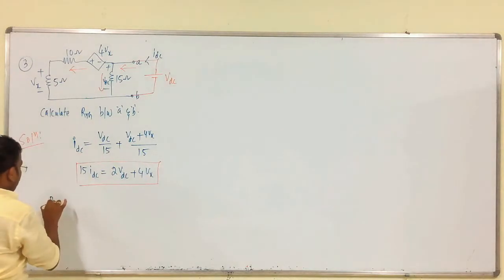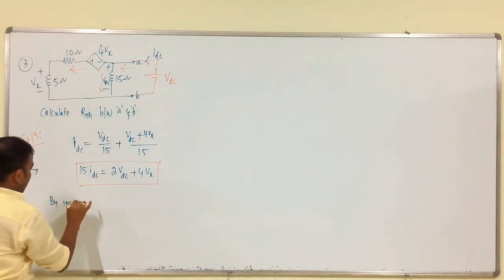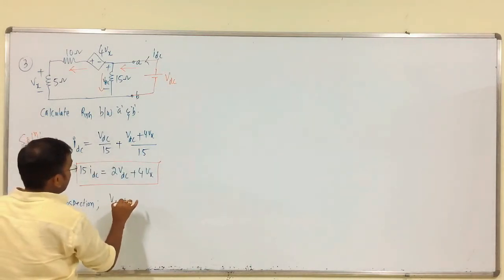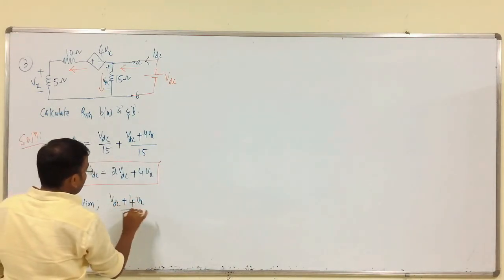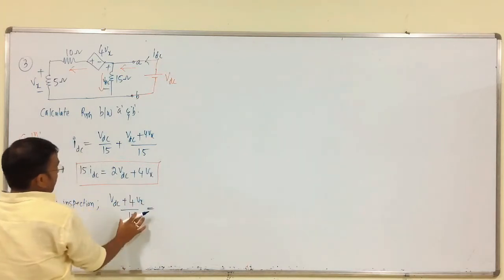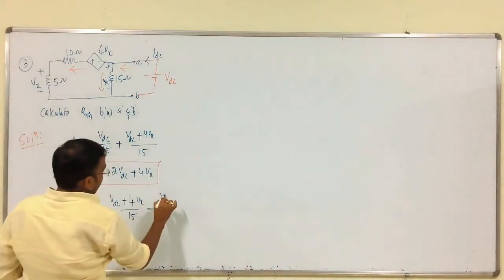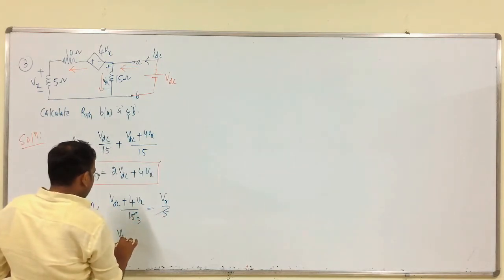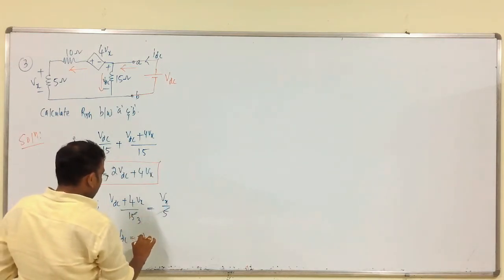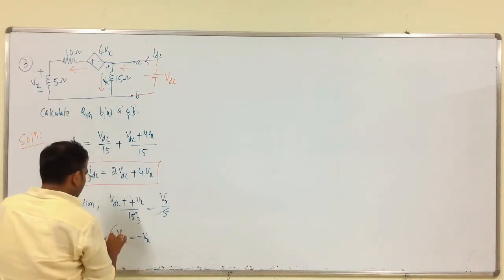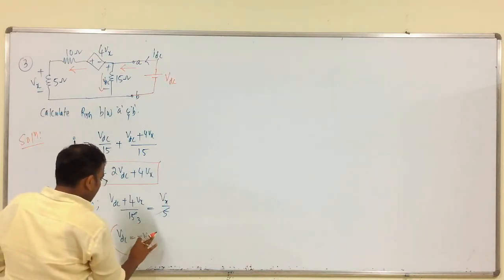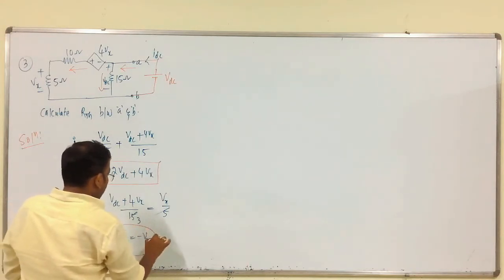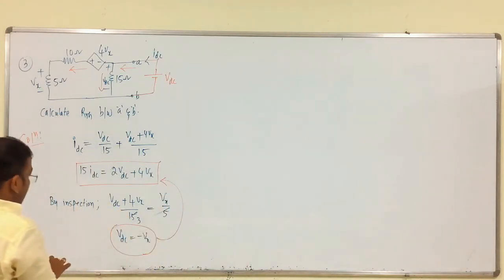But by inspection, this VDC plus 4 Vx by 15, this is the value of current, which is equal to Vx by 5, right? So, from this VDC is equal to minus Vx. Substitute this value of Vx into this.